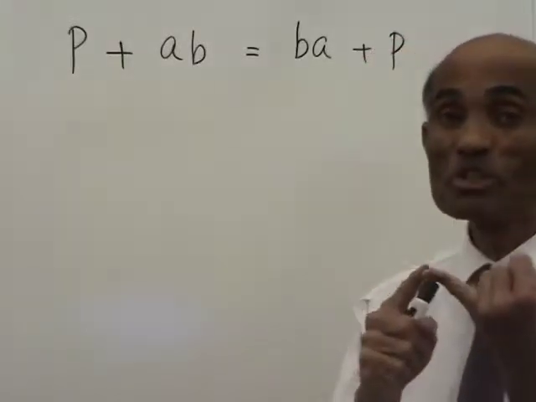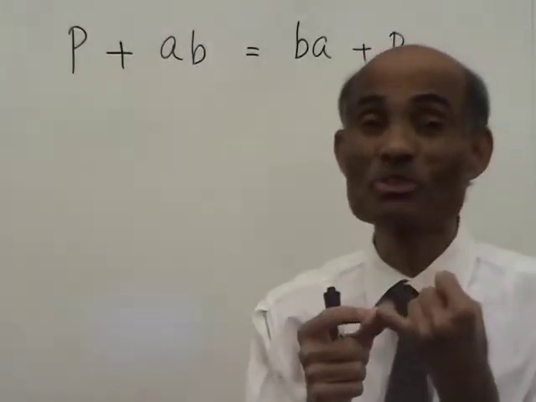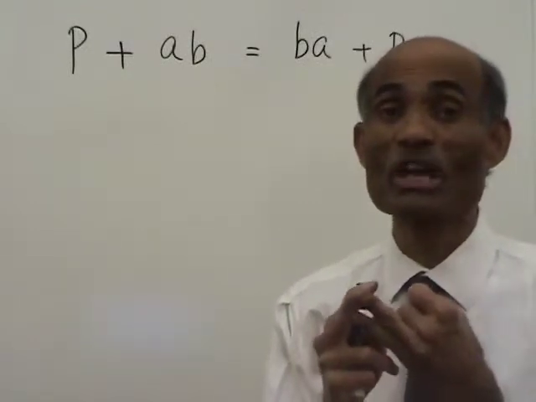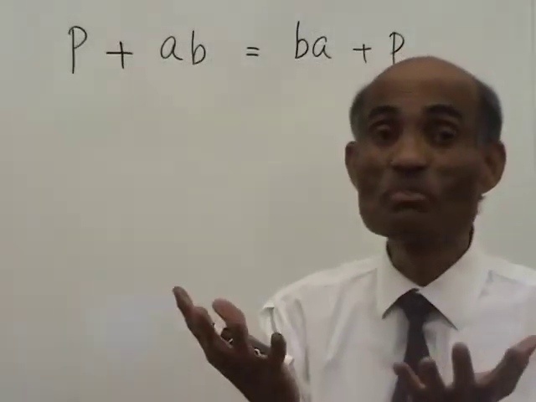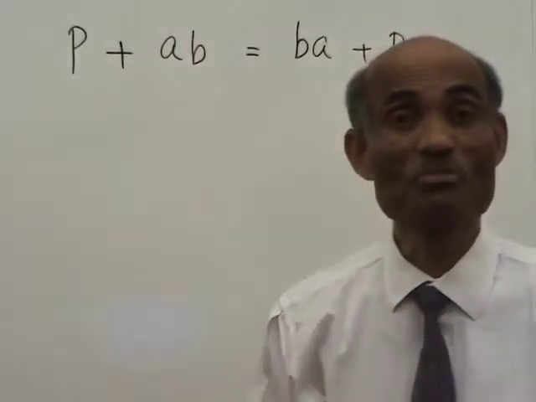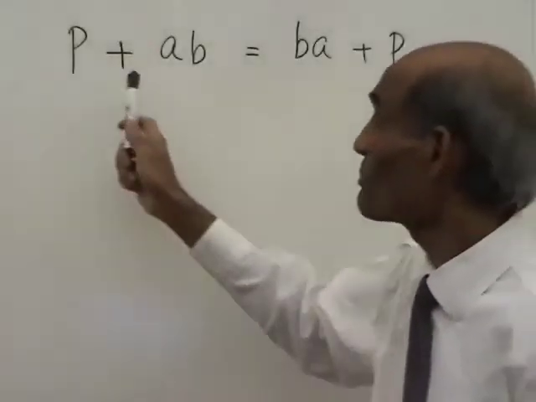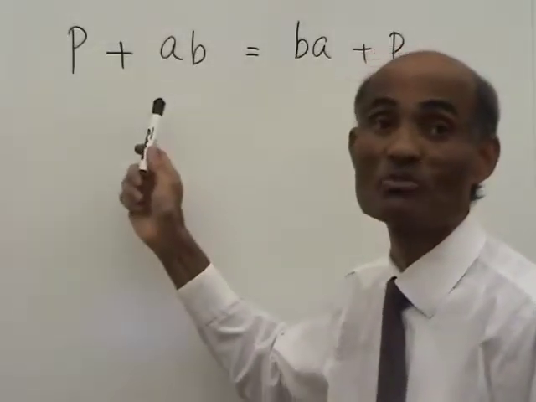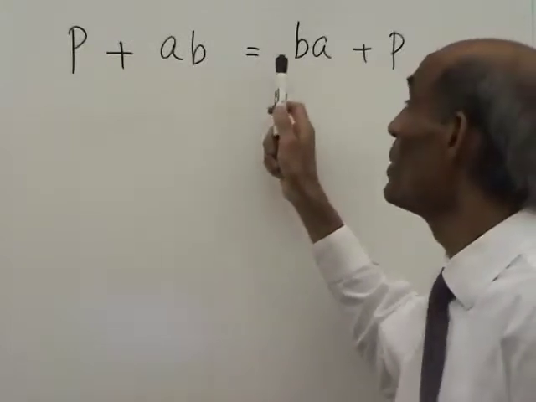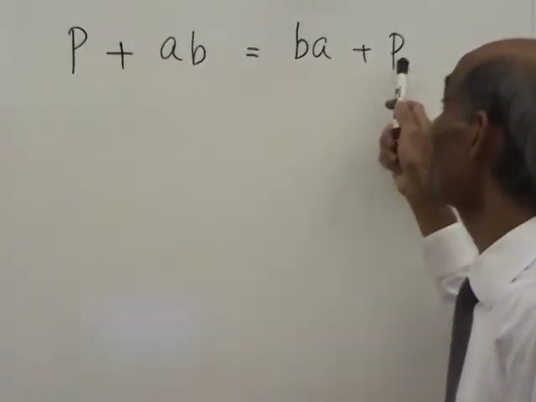Now, some of the properties are commutative property of addition, commutative property of multiplication, associative property of addition, associative property of multiplication. Now, what property have I used in writing this? P plus AB equal to BA plus P.